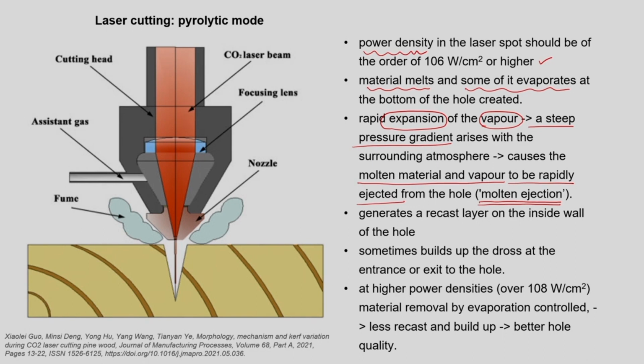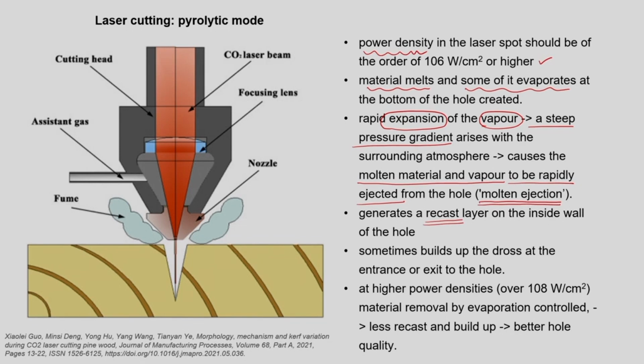During this pyrolytic mode there is also generation of a recast layer. Not all the molten material gets ejected out; there is no 100% ejection efficiency.